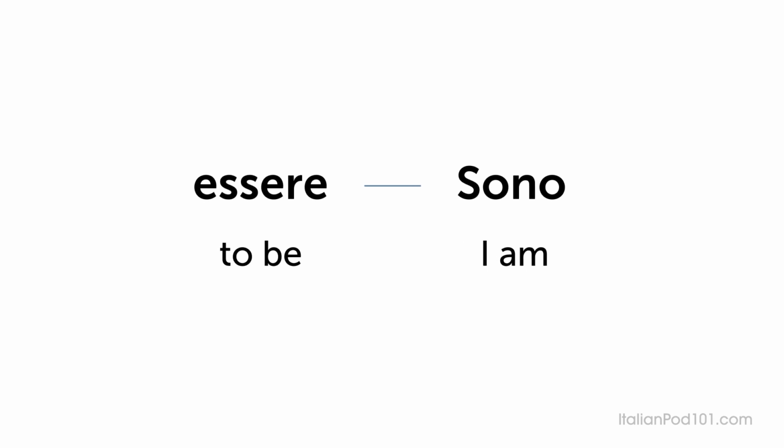Note, in this sentence, sono is a shortened form of io sono, I am. In Italian, io, I, is usually omitted as it's understood from context. Sono is from the verb essere, meaning to be.